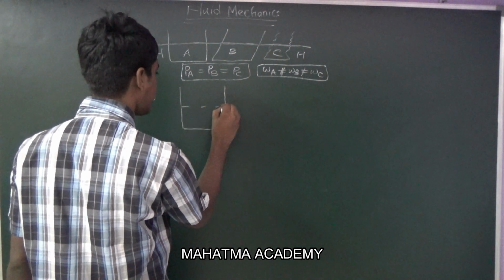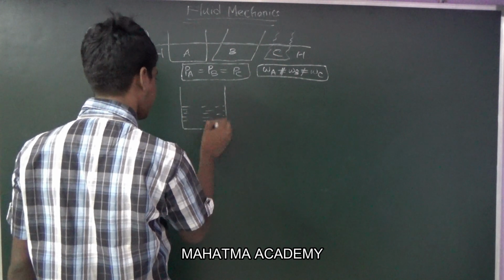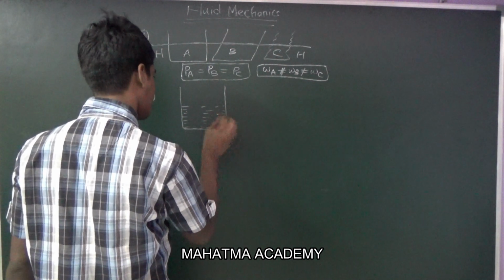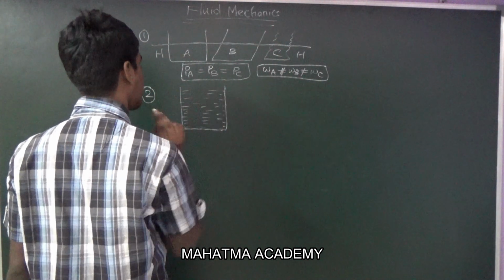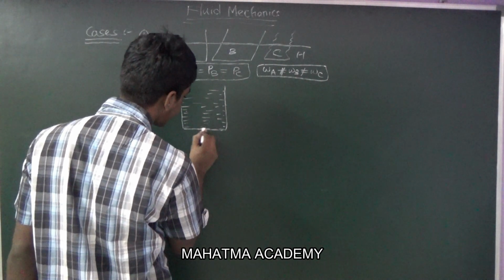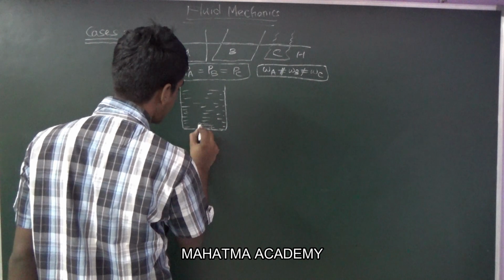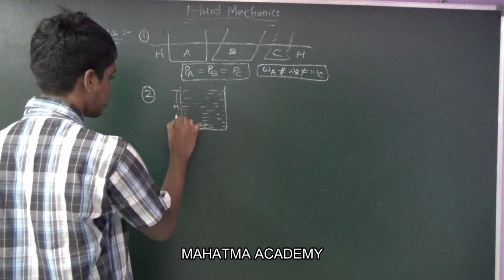A container is filled with liquid up to the top side. Now, we want to find the pressure here. It is having height h.